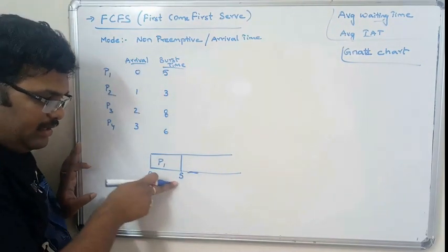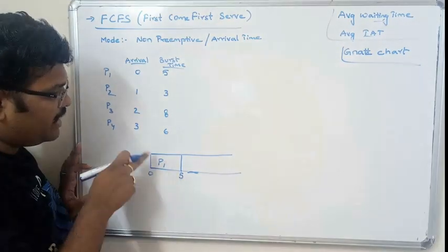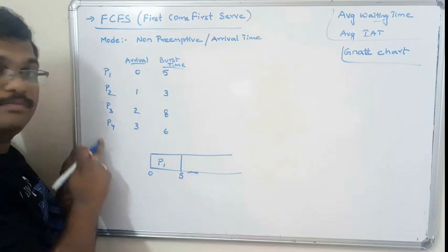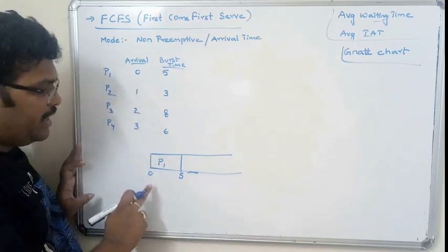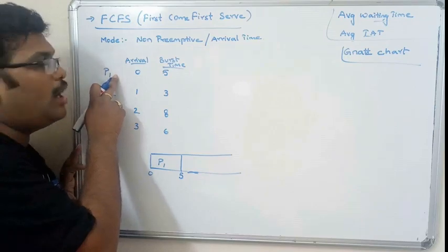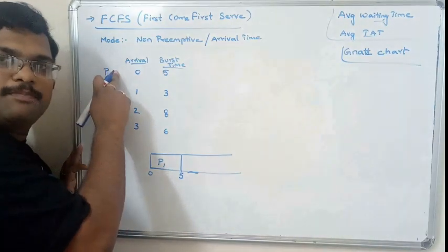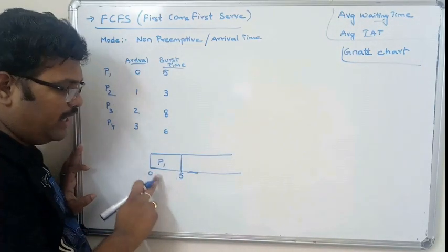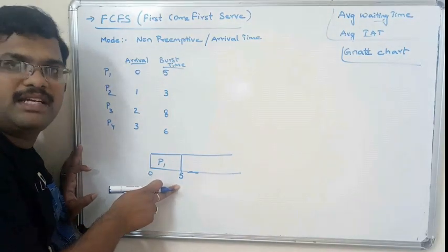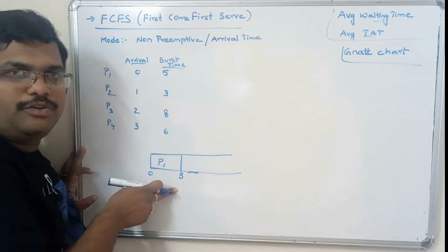Now see, the time is 5 milliseconds. At time 0, only one process was available in the ready state, so automatically this process was allocated to the CPU and the CPU executed it. It took 5 milliseconds to complete its execution.